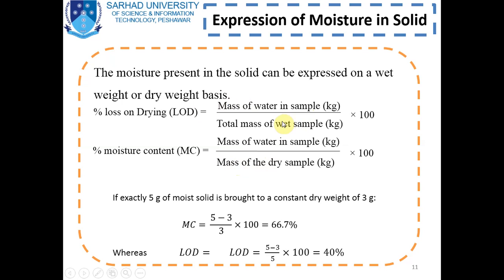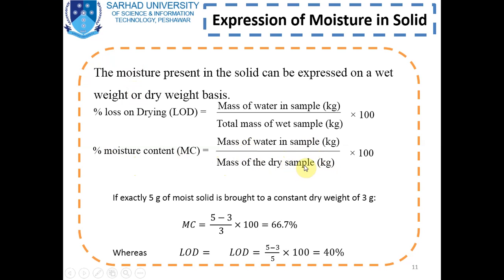If we are taking the wet basis, it means that we are going to determine the percent loss on drying, and if we are expressing it on the dry weight basis, it means that we are going to determine the percent moisture content using this formula: mass of the water in sample in kg divided by mass of the dry sample in kg.